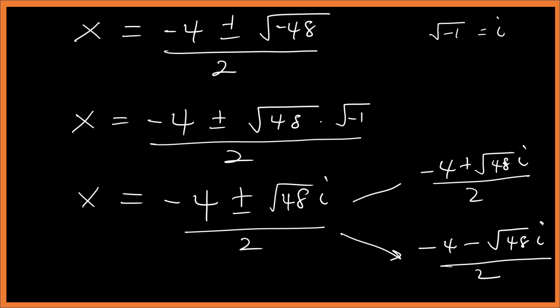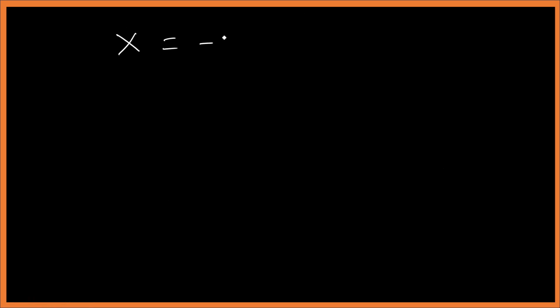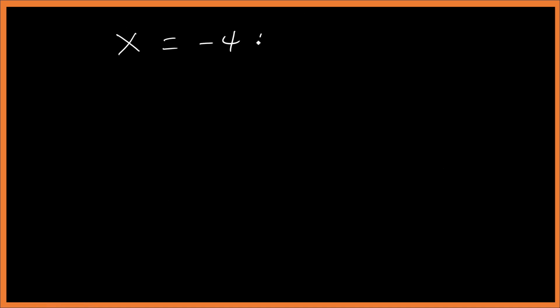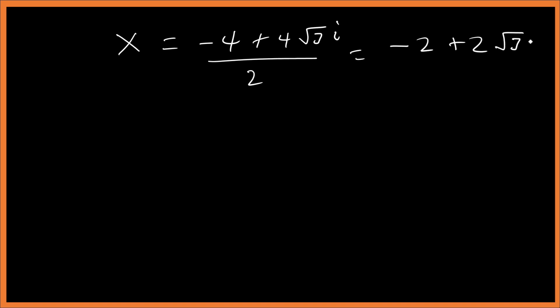Alright, so we know 48 can be written as a perfect square times a number. So 48 is 16 times 3, so we have 4 square root of 3. So the final answer here will be x equals minus 4 plus 4 square root of 3 i on 2, which is minus 2 plus 2 square root of 3 i.